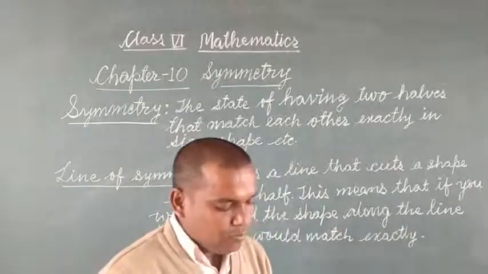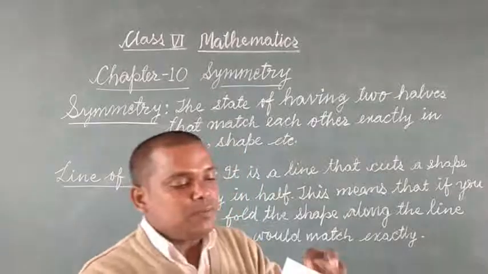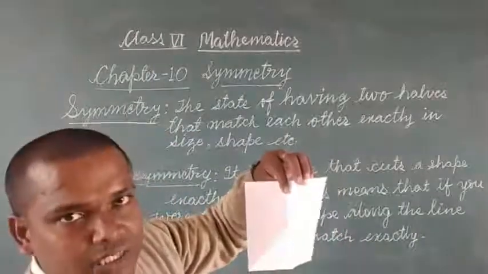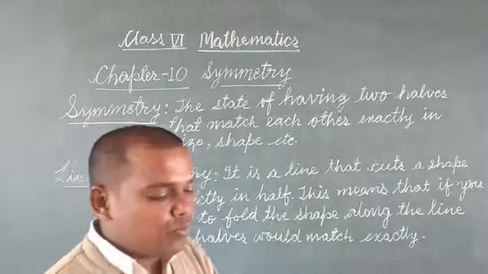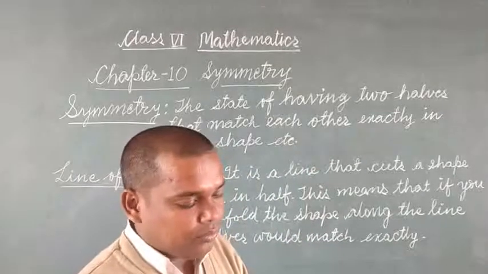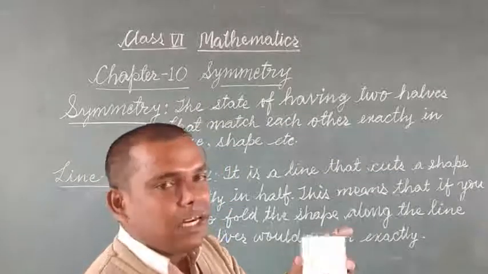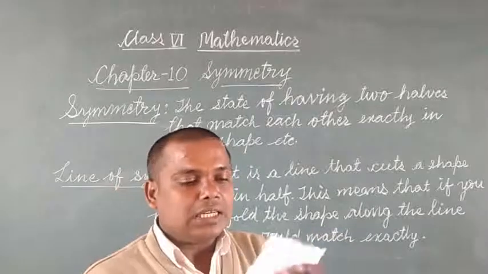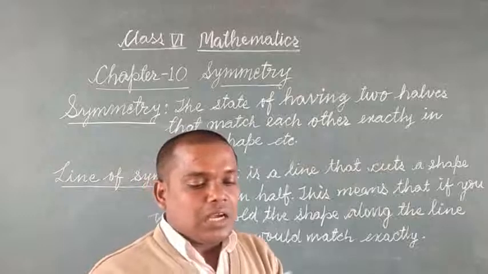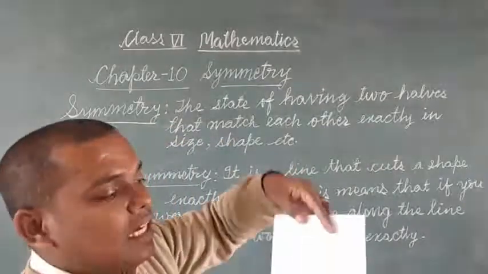I am showing you from this side also. This part and this part exactly matching. So this line will become the line of symmetry. And now by this side I am going to fold. See, this half and this half exactly match each other. So we can say that a square has 4 lines of symmetry.